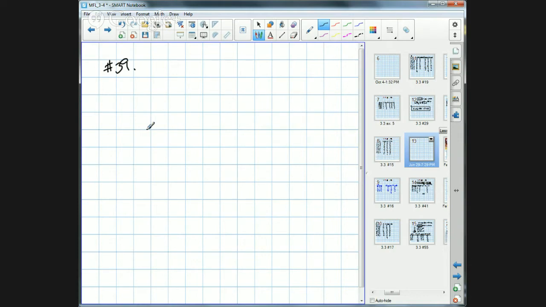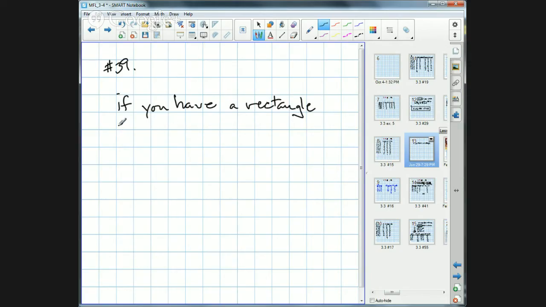Okay, so all rectangles whose diagonals are perpendicular to each other are squares. So all that is if you have a rectangle whose diagonals are perpendicular, then it is a square, right?